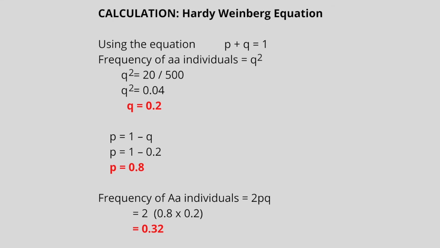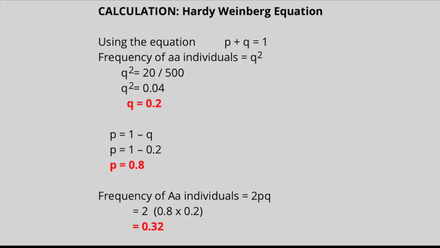Now, we will calculate the allele frequencies and genotype frequencies using the Hardy Weinberg equation. P plus q equal to 1. The frequency of homozygous recessive individuals is q squared. Q squared equal to 20 divided by 500, q squared equal to 0.04. Q equal to the square root of 0.04 equal to 0.2.